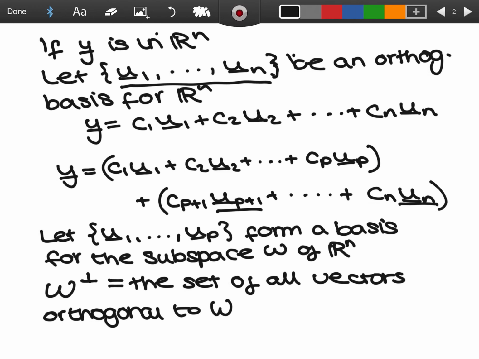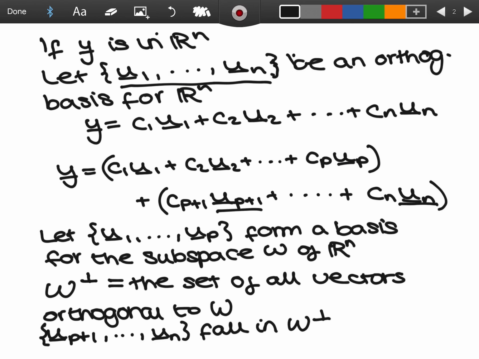They form this kind of basis for W perp or W up-tack. So the set of all vectors that are orthogonal to W, and up plus 1 through to un, are in that space because those vectors are orthogonal to u1 through up.